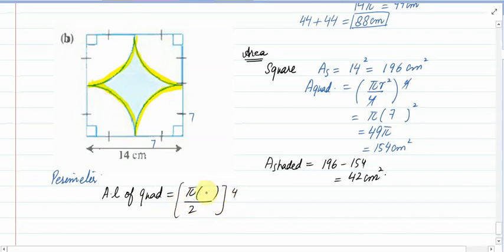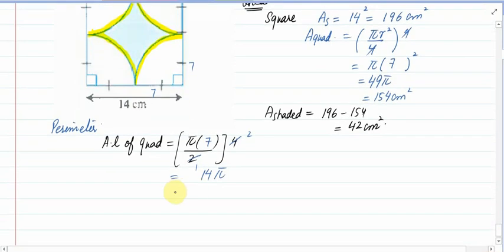Now the value of radius, it's 7. So 2 times 1, 2 times 2, 2 7, 14. So it's 14 pi, right? So 14 times 3.142, it's 44. So the perimeter is 44 centimeter, and that is the answer.